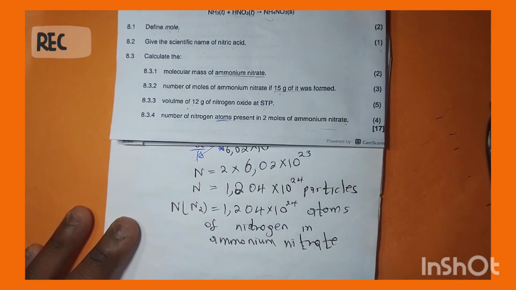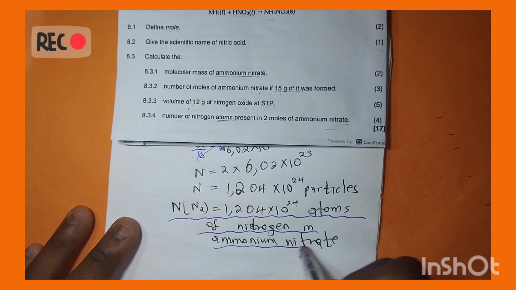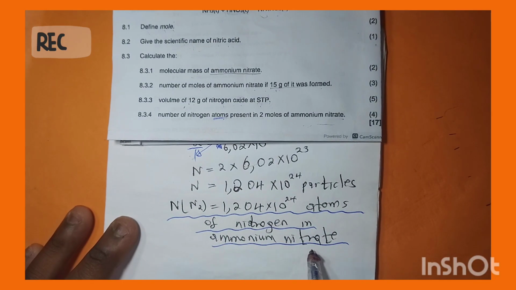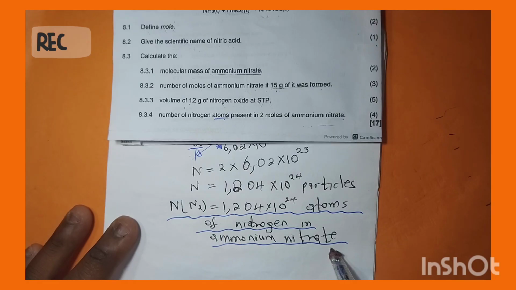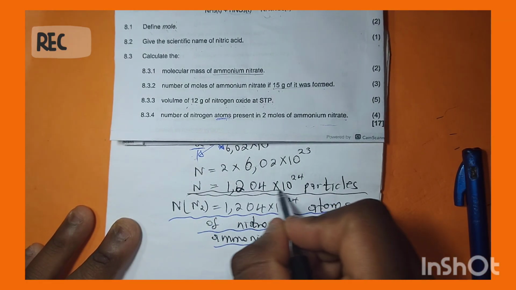So this is the number of atoms which have been present in ammonium nitrate. Do you see this thing? Yeah, so there are your calculations.